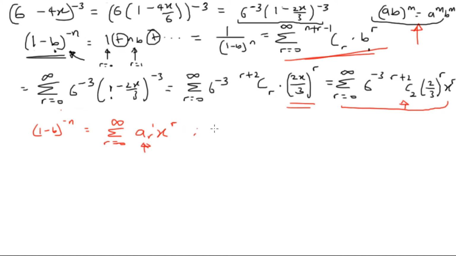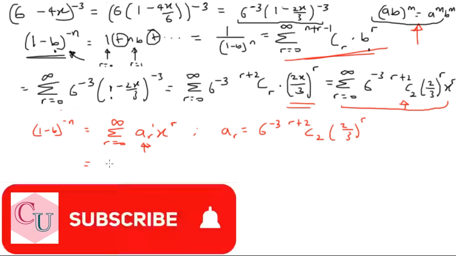So for my own question now, my coefficient a_r, I'm just using it to represent the coefficient, is equal to 6 raised to power minus 3, then r plus 2 combination 2, then 2 over 3 raised to power r. But note that if I expand, I will have many coefficients that I will be summing together.